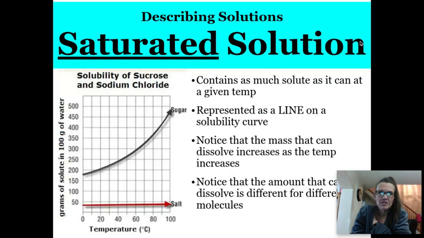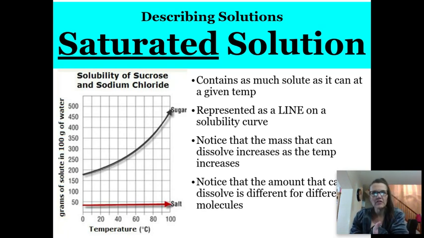The other thing I wanted to review real quick were those terms we talked about: saturated, unsaturated, and supersaturated solution. Remember that a saturated solution, just like a saturated fat, has as much solid or solute as can fit into the solution at a given temperature.